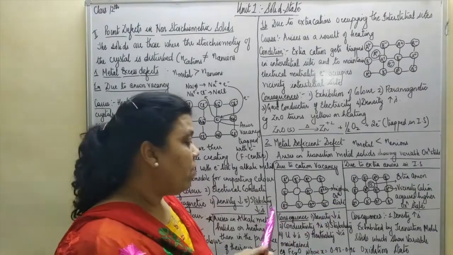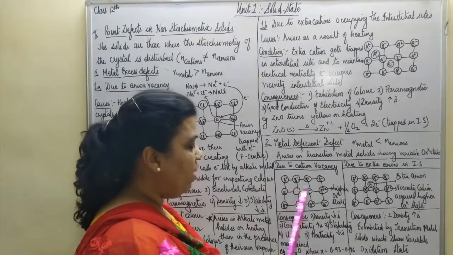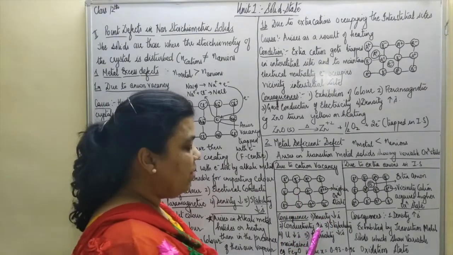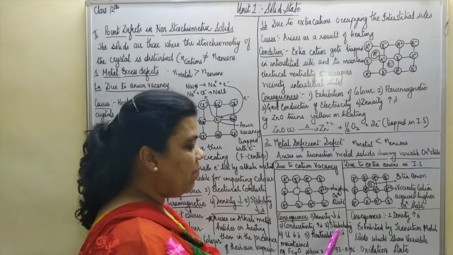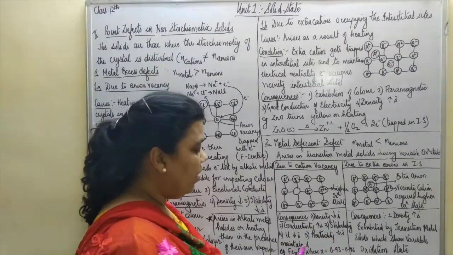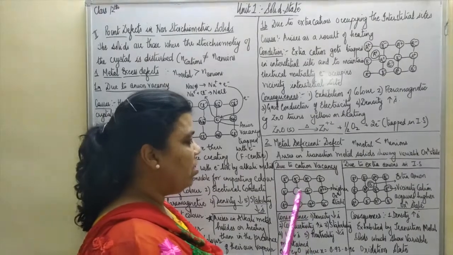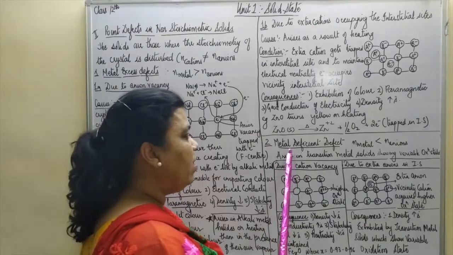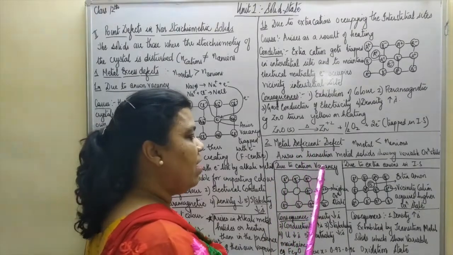So, because of the hole developed or because of the cation vacancy, density will decrease, conductivity will increase because of the holes, stability will decrease, lattice energy will decrease, and electrical neutrality will be maintained. So this is the metal deficient defect due to cation vacancy.